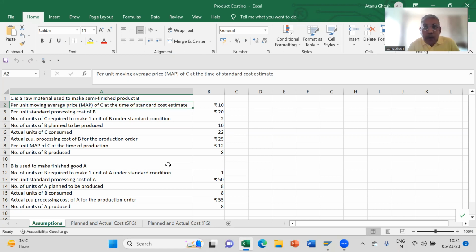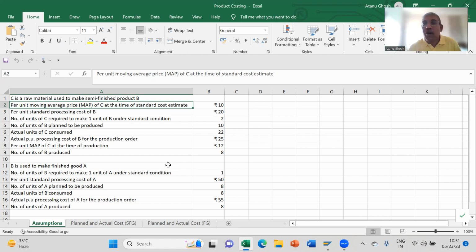Now here, price and cost are used interchangeably. When I say price, do not confuse it with the price at which the product is sold. That has nothing to do with this particular calculation. That price is determined by the market, by the sales guy.